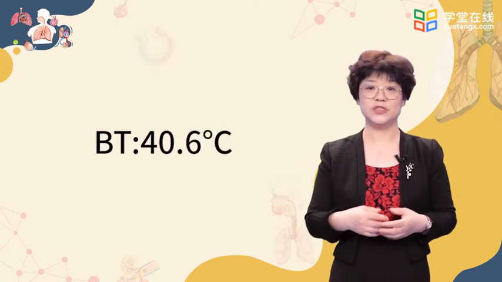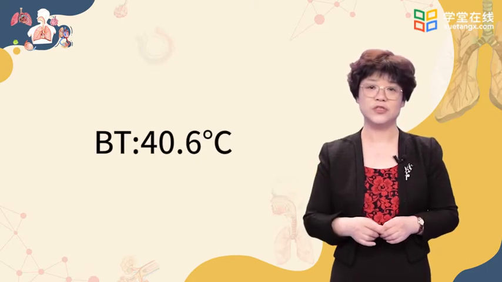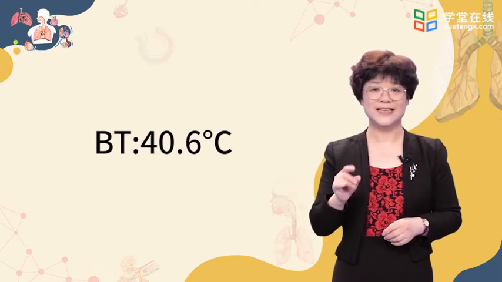And then she fainted. In the emergency room, she is found to have a body temperature of 40.6 degrees centigrade, and she is diagnosed as having heat stroke. Why is her body temperature so high?